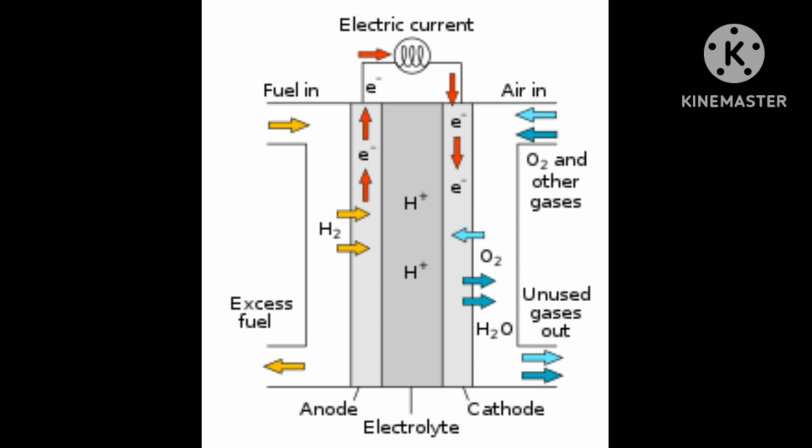And if its concentration is 39.2%, then its voltage will be 2.14 volt. This is concentration dependent: how much voltage it will produce depends upon the concentration of electrolyte.